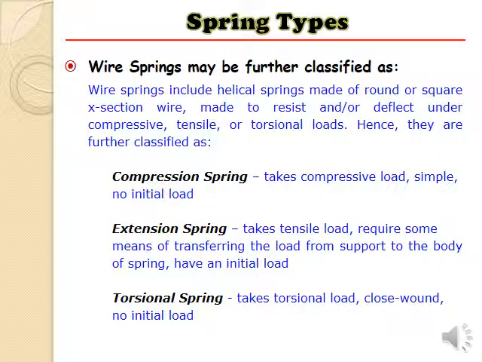One of them is called a compressive spring, the tensile or extension springs, and the torsional springs. So a compression spring is the one which takes compressive load. An extension spring is the one which takes tensile load. And a torsional spring is the one which takes torsional load.